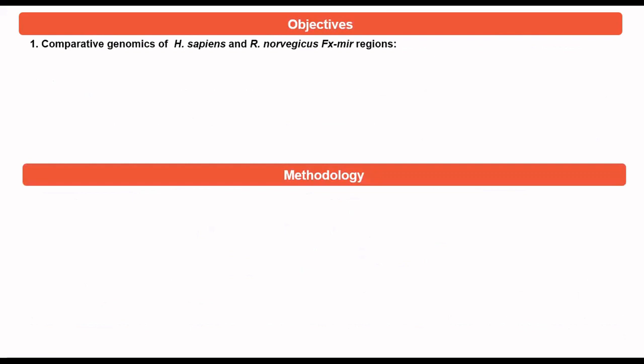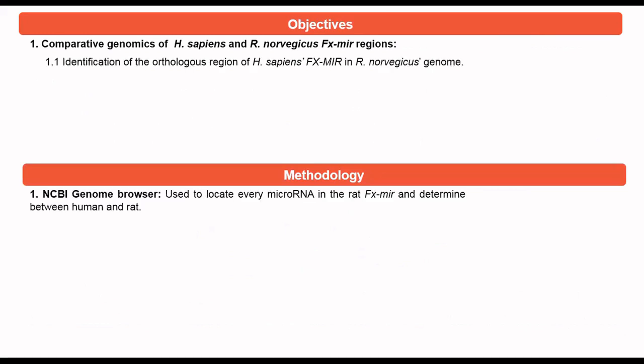First, to perform a comparative genomics analysis of the Fmr region in Homo sapiens and Rattus norvegicus. In particular, to identify the orthologous region of the Homo sapiens cluster in the genome of Rattus norvegicus, using the NCBI genome browser to determine if there is structural conservation between human and rat.